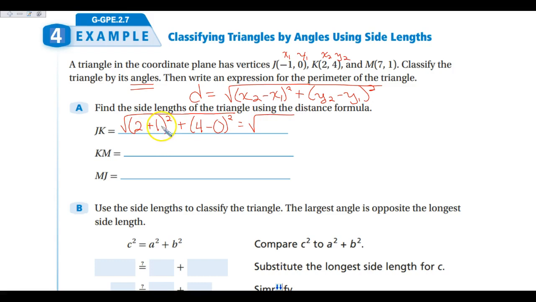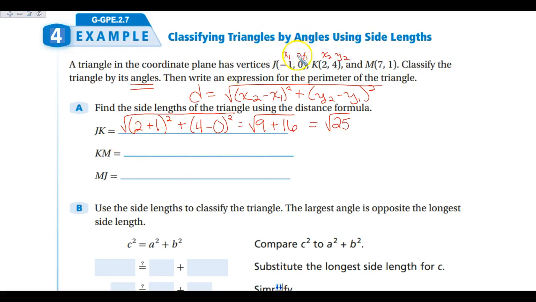So 2 plus 1 is 3, squared is 9. 4 minus 0 is 4, squared is 16. This is going to give us the square root of 25. Now, this is 5, but because I know that I'm going to classify by angles, I'm just going to leave it like this, okay? I'm not going to worry about reducing any of these right this second.